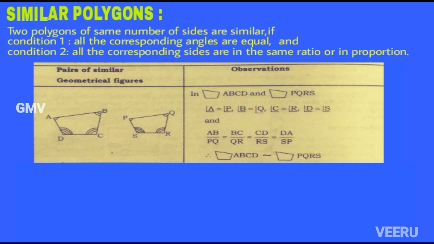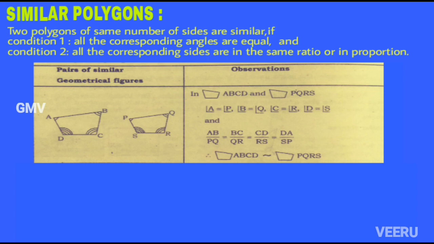See the figure. In quadrilateral ABCD and quadrilateral PQRS, angle A equals angle P, angle B equals angle Q, angle C equals angle R, and angle D equals angle S. And also AB by PQ is equal to BC by QR is equal to CD by RS is equal to DA by SP.